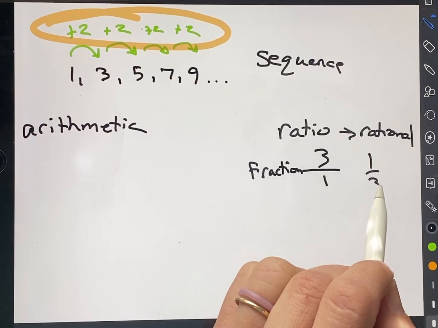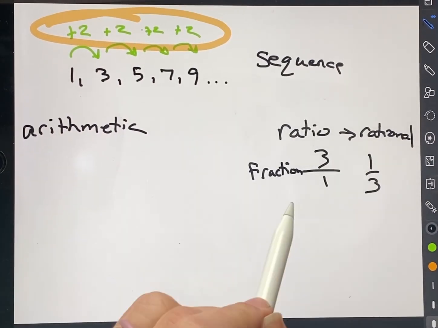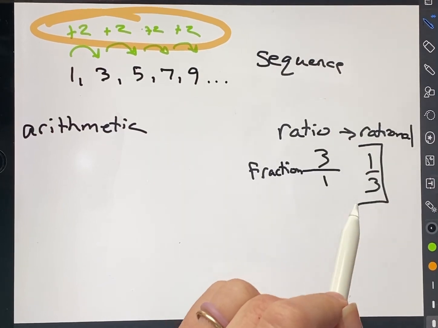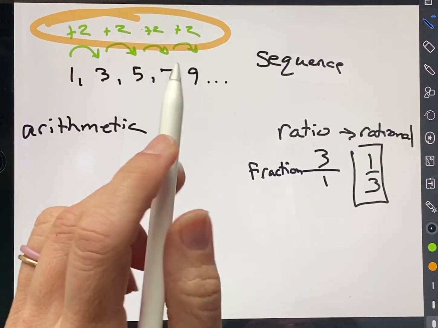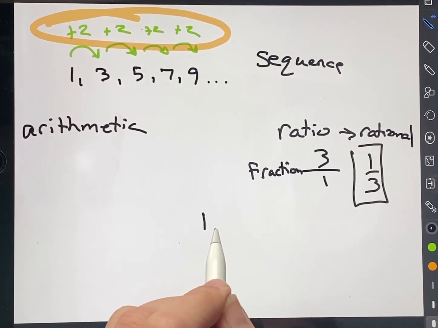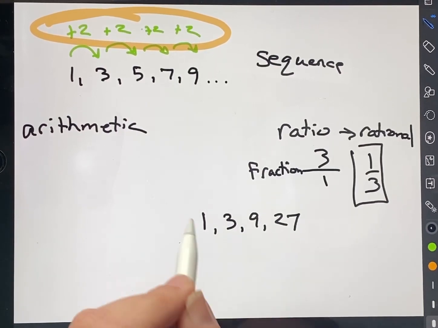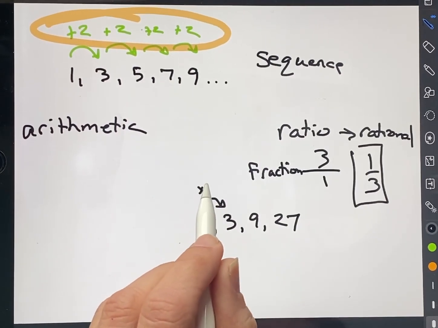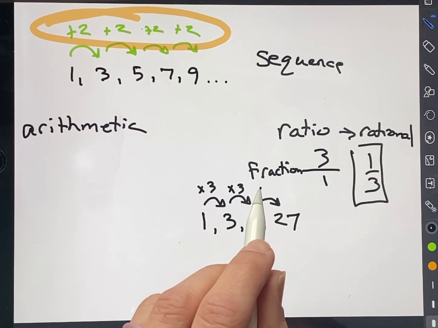We could have maybe 1/3. So if it is tied to each other through a fraction, which we know has to be multiplication or division, so if we are looking at maybe a sequence, if we have 1, 3, 9, 27, and we're looking at this as times 3 as we go from one to the next.